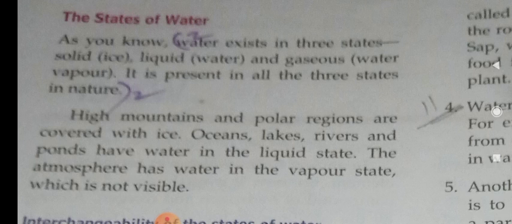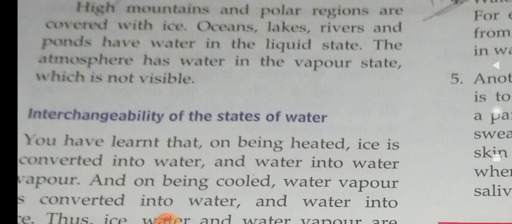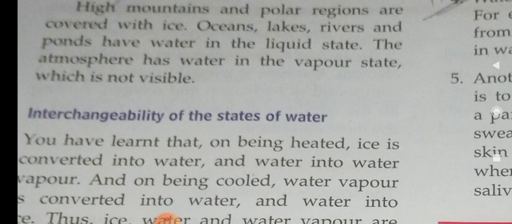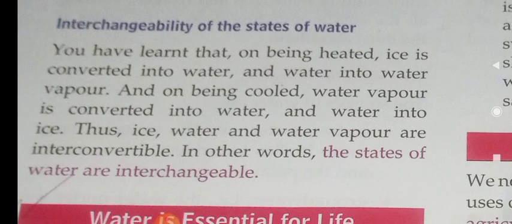Oceans, lakes, rivers, and ponds have water in liquid state. The atmosphere has water in vapor state, which is not visible for us, even though it is available in the atmosphere.